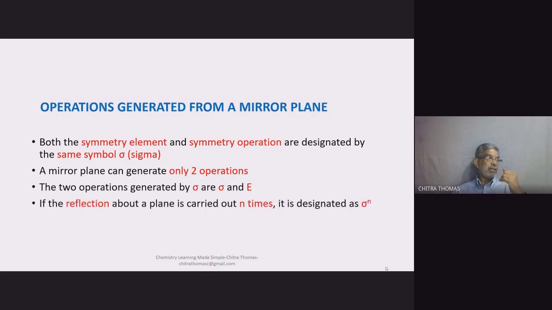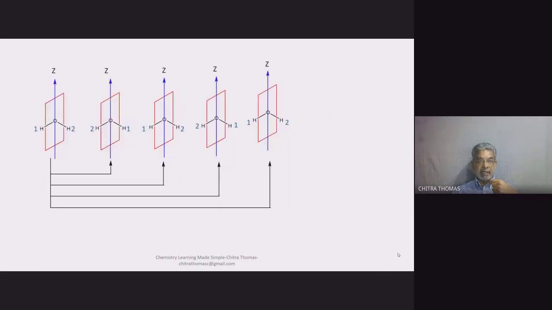If the reflection about the plane is carried out n times, it is denoted as sigma to the power n. Now look at this. This is sigma. You carry out the reflection once. This is sigma 2, then sigma to the power 3, sigma to the power 4.